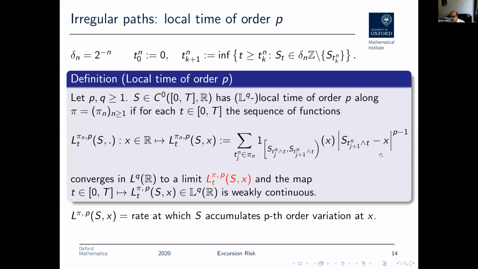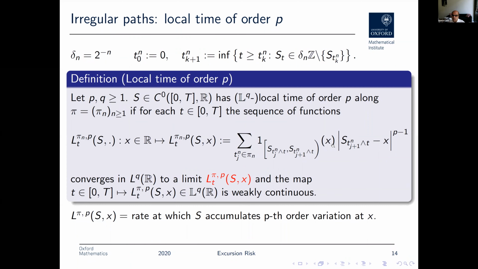It measures something related to the pth order variation. It looks at the increment to the power p minus 1 only when the signal is around x, in this interval around x.